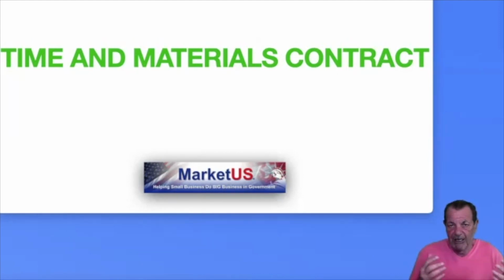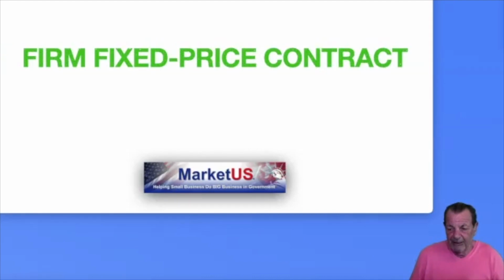It's just one of those ongoing things. So it's basically your time and whatever the materials cost. So I don't like them. They're just too open-ended. The accounting is just a nightmare.